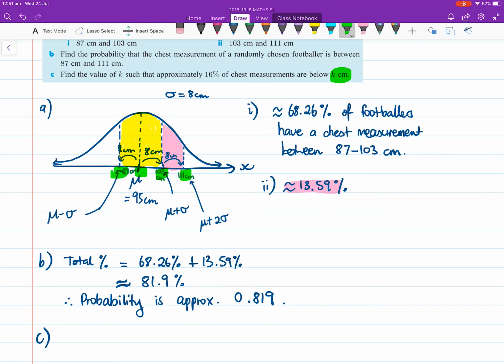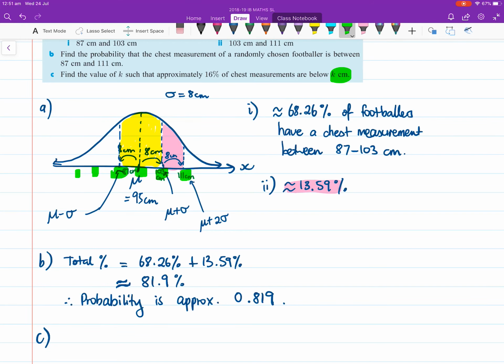So I want to know what value of K will it be, like down here or up here, so that K will represent 16% of the chest measurements. Now 16% was around, let's have a think. Well, this is about 34, and then you've got 14.